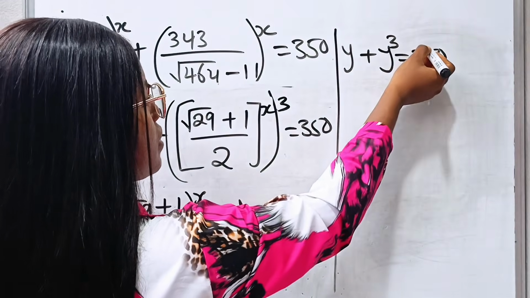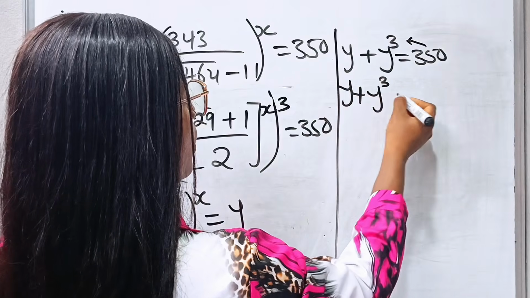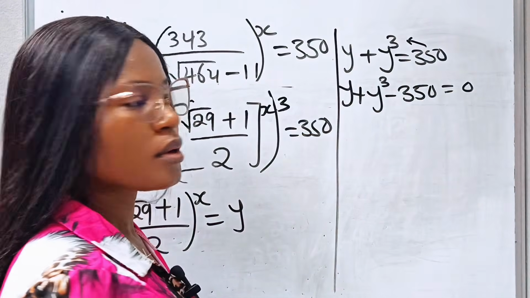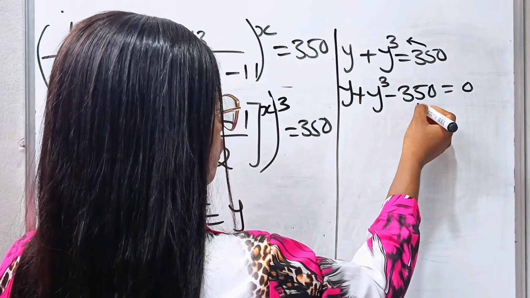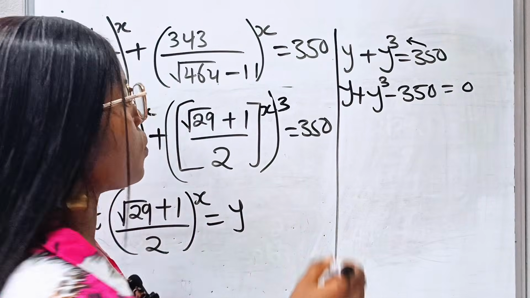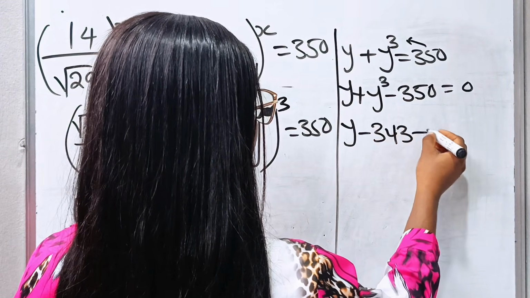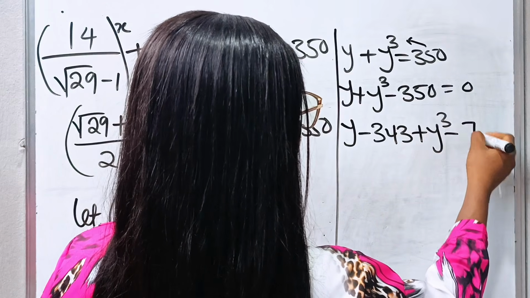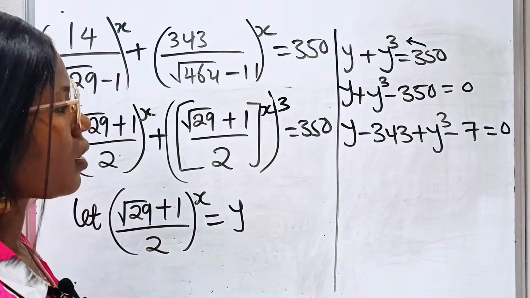Now let's bring this to this side. We will have y plus y to the power of 3 minus 350 is equal to 0. So we have minus 350, which is the same thing as minus 343 minus 7, right? So we have y minus 343 plus y to the power of 3 minus 7 is equal to 0.